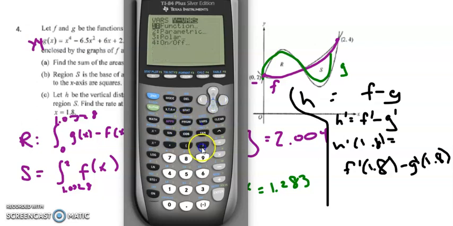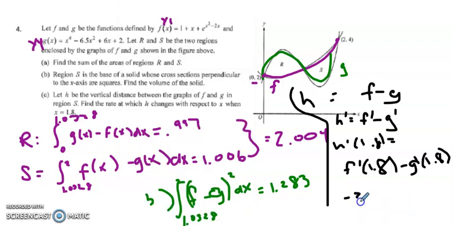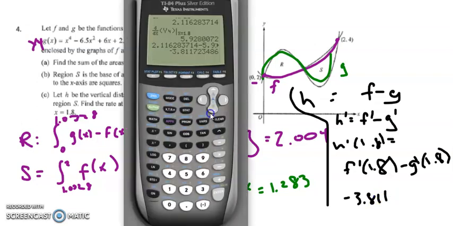This time we're going to pick the function in y4 and differentiate that with respect to x at 1.8. Then I need to subtract: the top curve, f prime at 1.8, minus the bottom curve, g prime at 1.8, and I get negative 3.811, just to show that that's what I had on my calculator. You could also use negative 3.812.